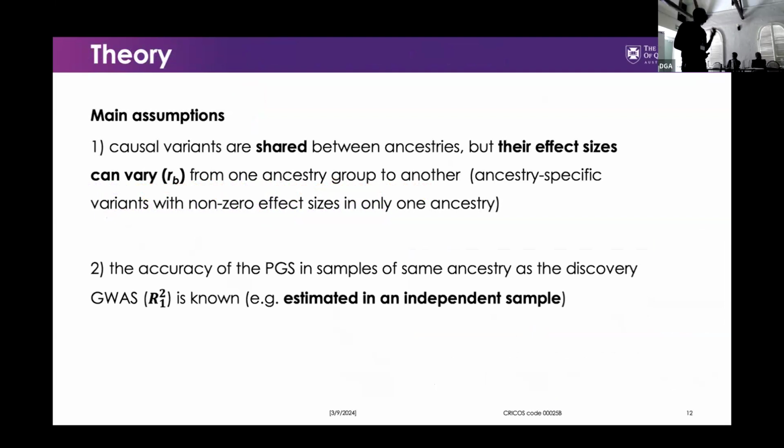The first one is that we wanted to have a theoretical framework, because I was trained as a statistician, so I can't publish a paper without a bunch of equations, so we had to generate some of those.